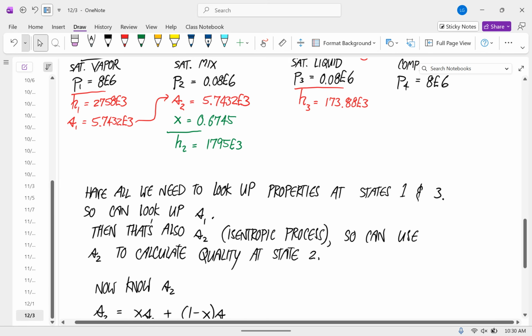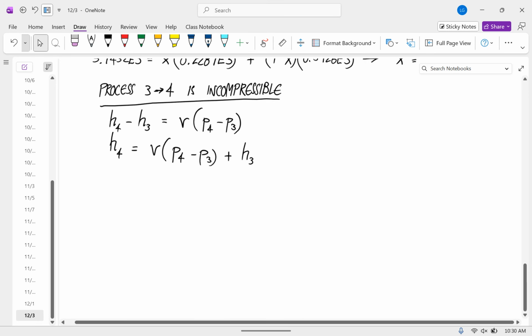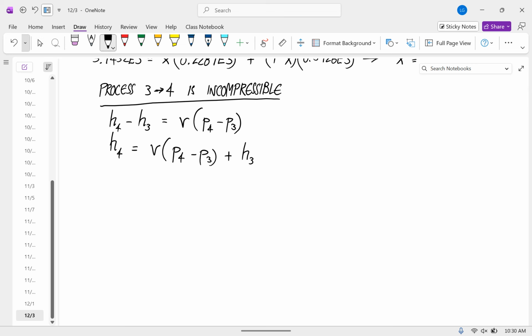Well, we have those two pressures. That was one of the first things we figured out. And we have H3. The only thing we don't know is the specific volume. Well, this is water, and water is very close to incompressible over a big range of temperatures. If you want to just approximate it, be a little sloppier, you get good results still treating this as 0.001, 1 over 1,000.